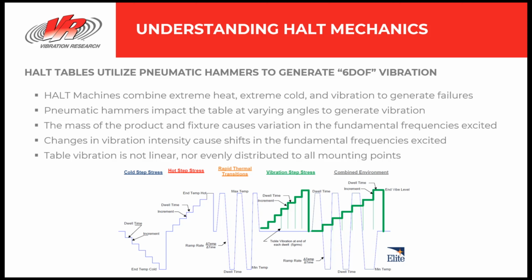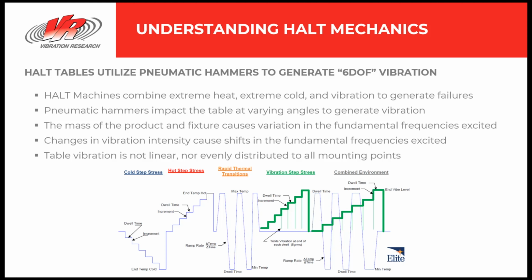Now, one of the issues that happens on a HALT table is that, depending on how close you are to a hammer and what angle that hammer is at, the vibration experienced by the product can be significantly different.